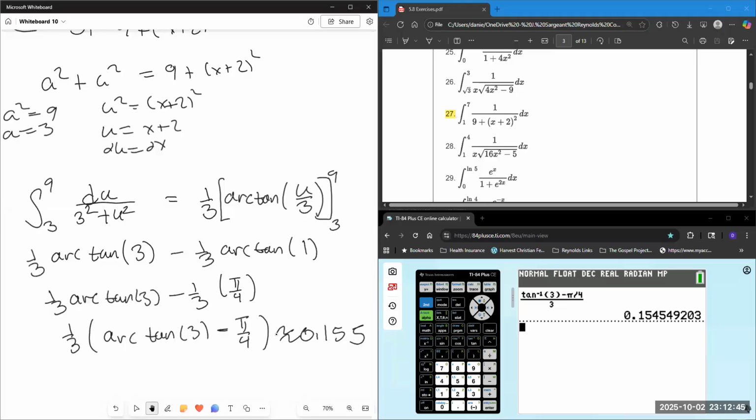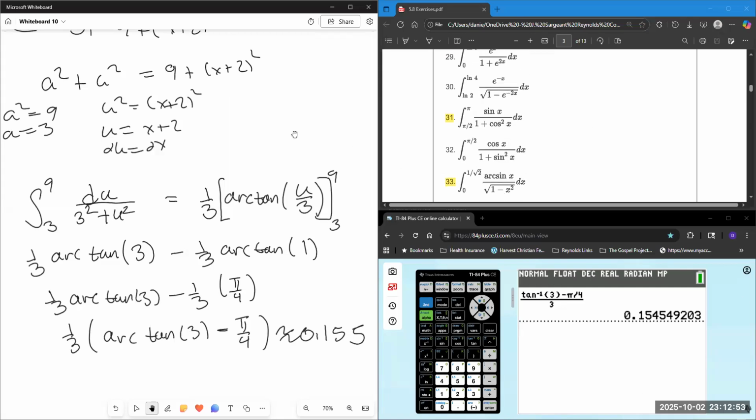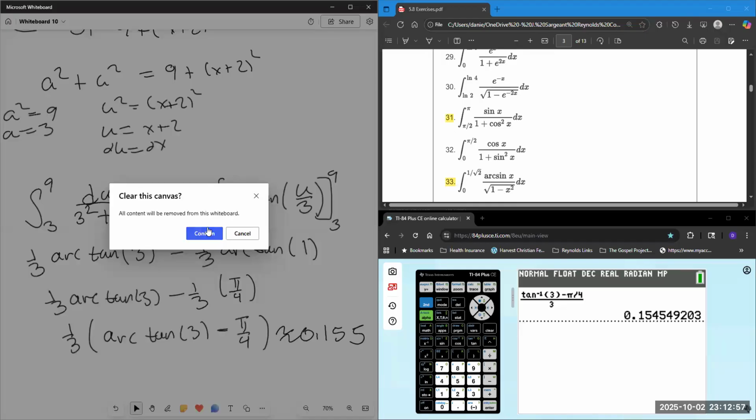This is my exact answer that I have on the left-hand side, and I have an approximation on the right-hand side just to help you out. Let's look at number 31 now.